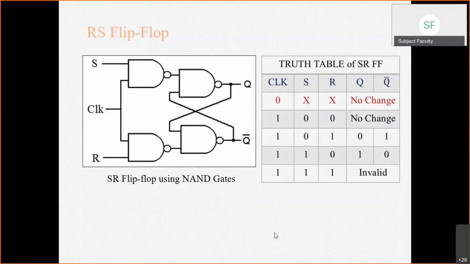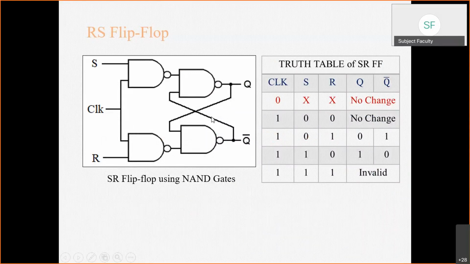Before going to the JK flip-flop, remember this is the second, alternative circuit diagram of the SR flip-flop. If you observe in this diagram, all 4 NAND gates are used. In the earlier diagram we used 2 AND gates and 2 NOR gates, but here 4 NAND gates are there.